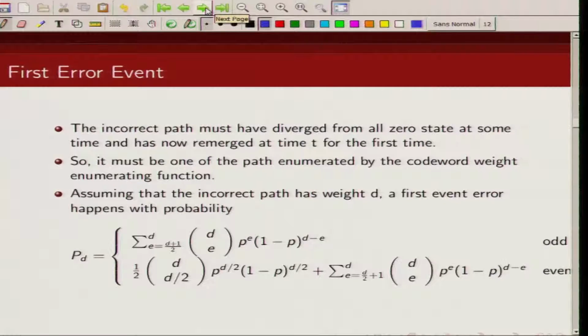So, we can calculate the probability of this first event error. What is this probability? Let us say this incorrect path has weight d. So, d is the weight of this incorrect path, which has diverged from the all 0 state at some time and has merged back into the all 0 state at time t.